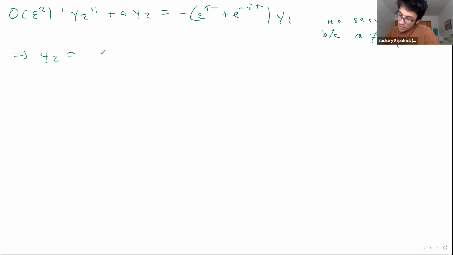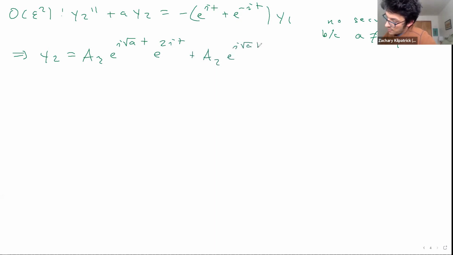So we end up with y2 is equal to a2 e to the i square root of a t e to the 2it, and we also have a2 e to the i square root of a t e to the minus 2it, plus complex conjugates.